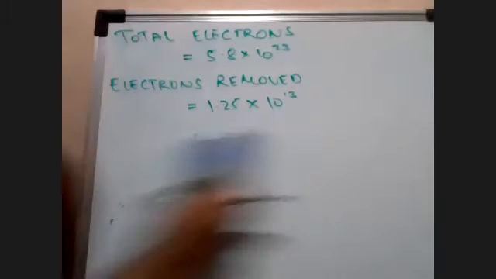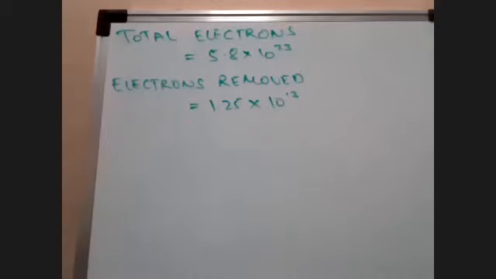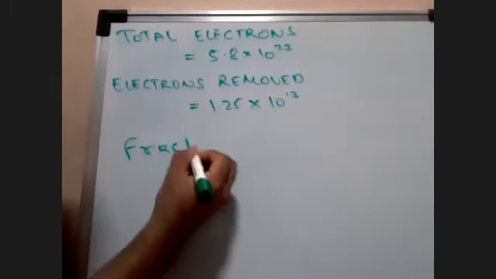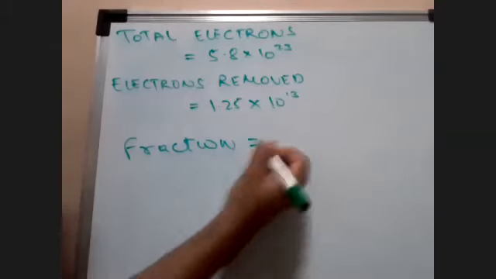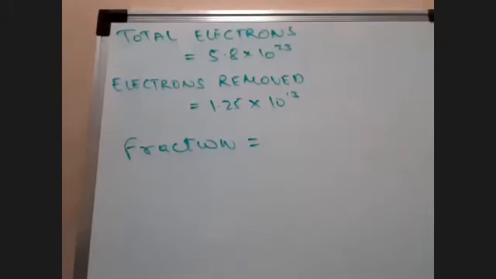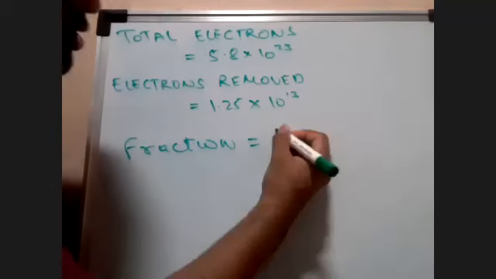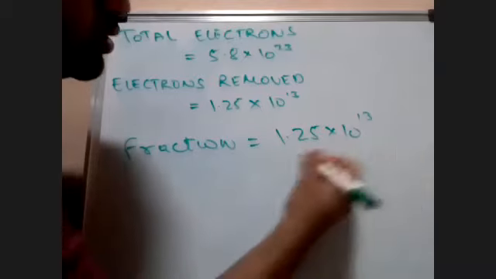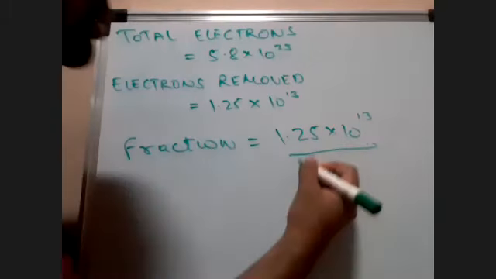So the fraction is equal to electrons removed upon total number of electrons: 1.25 into 10 raised to 13 upon 5.8 into 10 raised to 23.